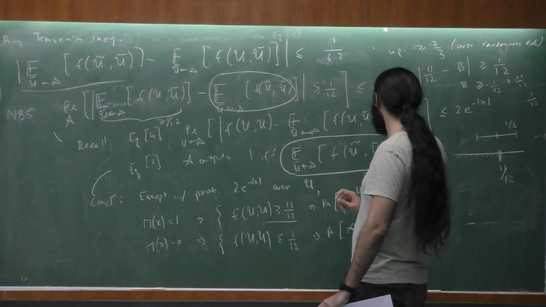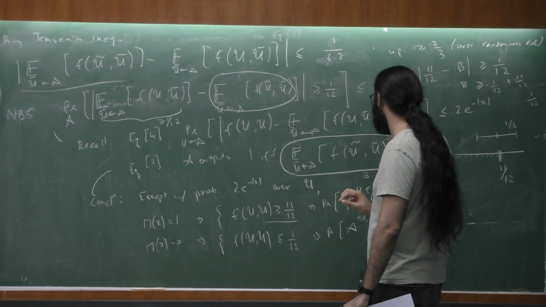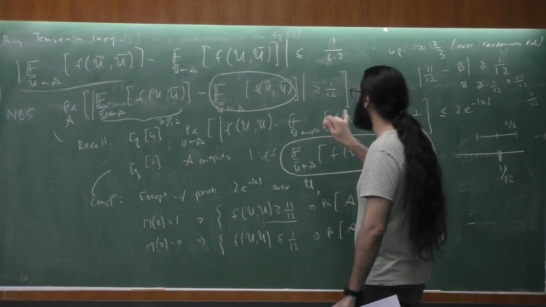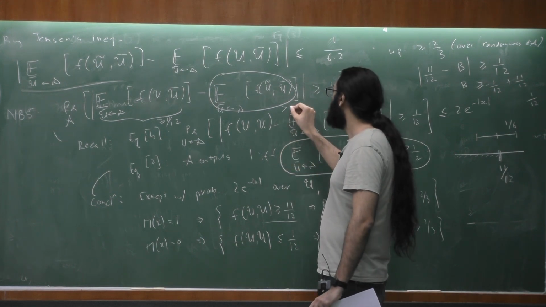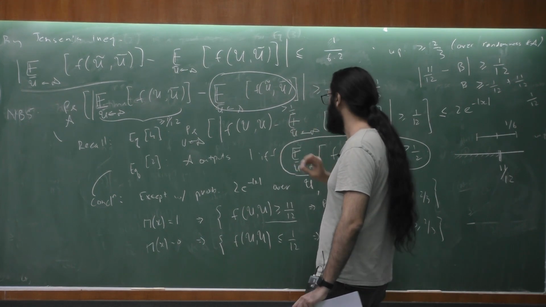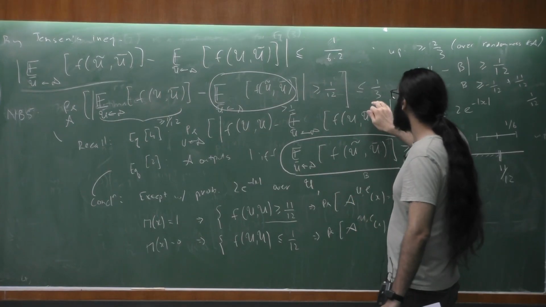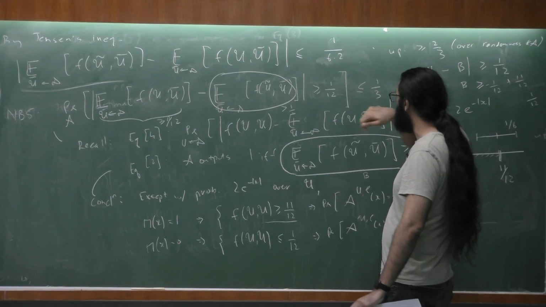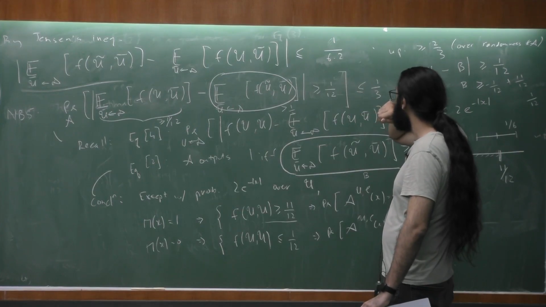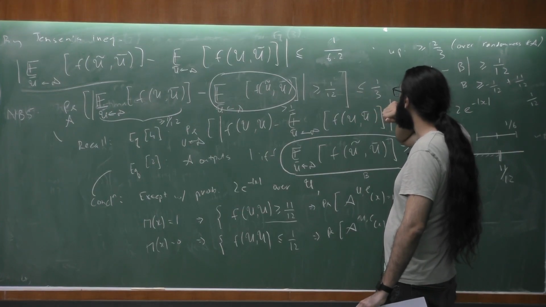So we want to prove that with what probability will this object be greater than half? We want to argue that with at least 1/3, or the flip of it, with probability 2/3.